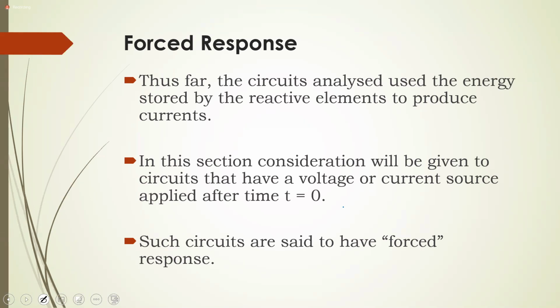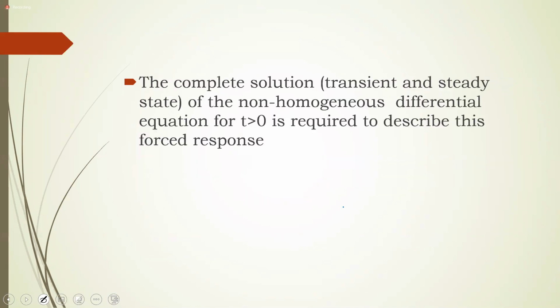Instead of just the complementary function, we'll have both the complementary function and the particular solution, and that will give us the full solution to our networks. Now, I know I've said a mouthful, so let us just get into the maths of it and see where this takes us. Before we get into that, just take this note.